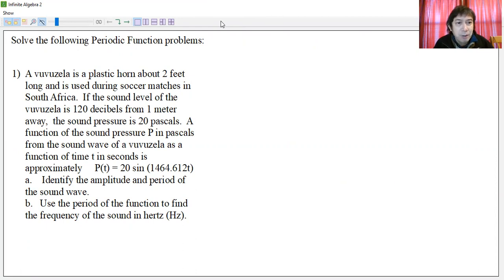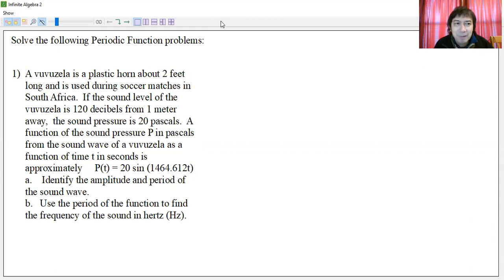A function of the sound pressure P in pascals from the sound wave of a vuvuzela as a function of time t in seconds is approximately P of t is equal to 20 sine 1464.612 t. Letter A, identify the amplitude and period of the sound wave. For letter B, use the period of the function to find the frequency of the sound in hertz.